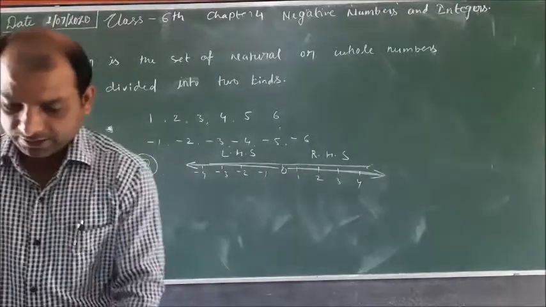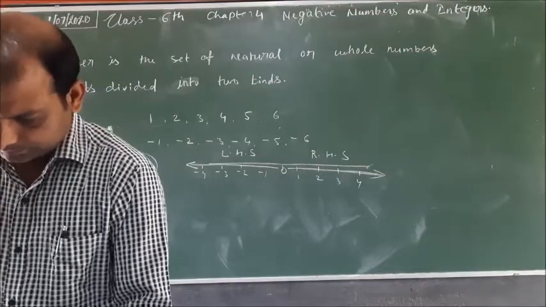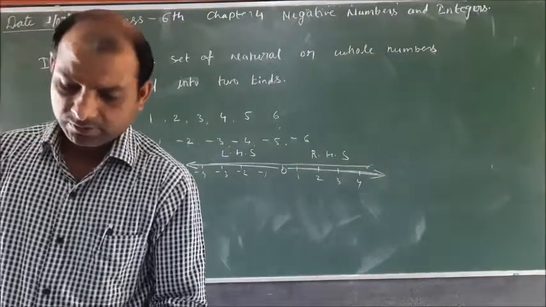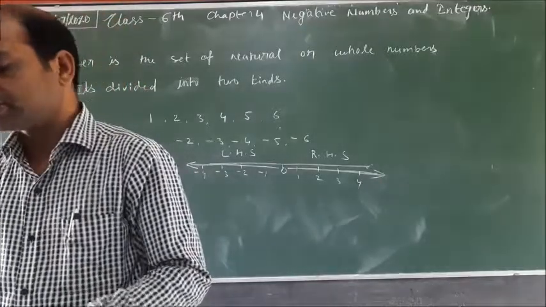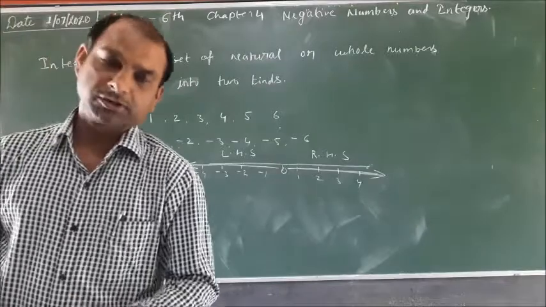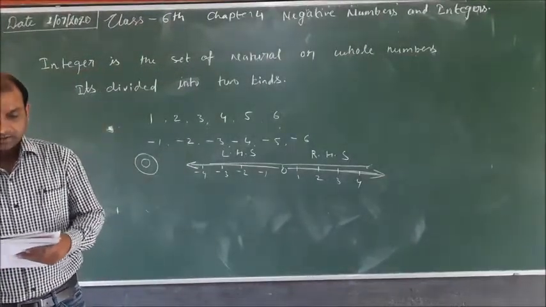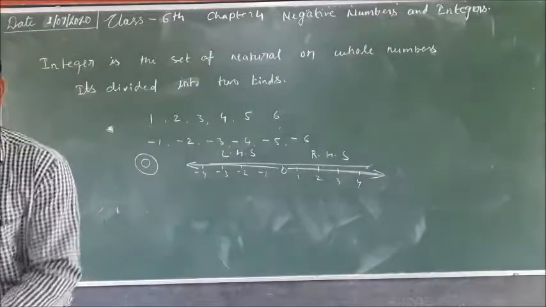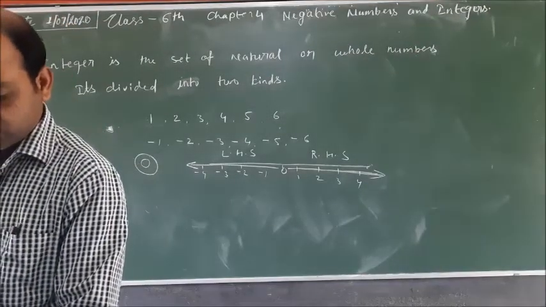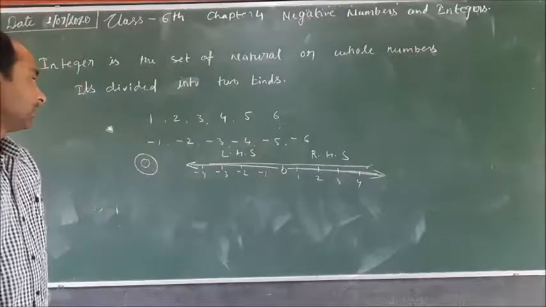Now my dear students, we go to exercise 4a. First question, true or false? And the first statement is: -16 is to the right of -20 on the number line.